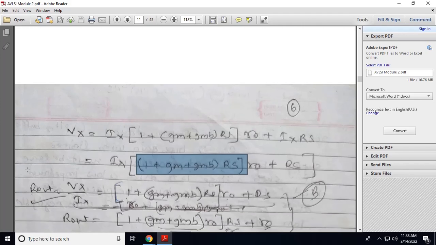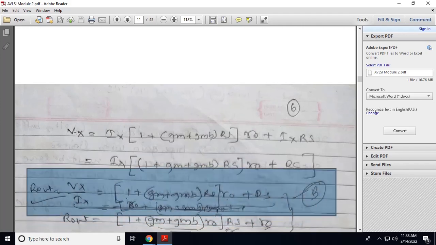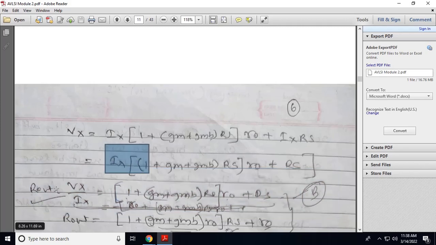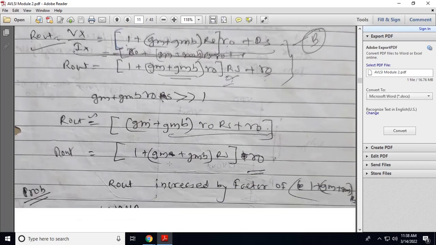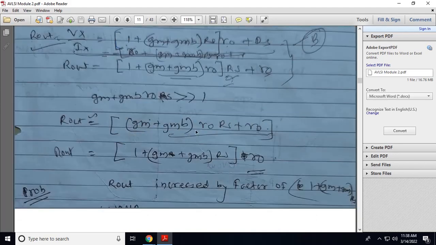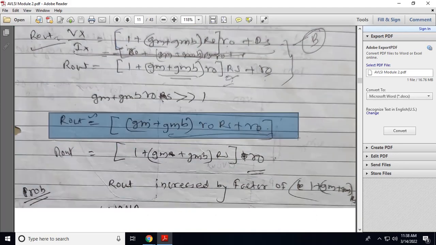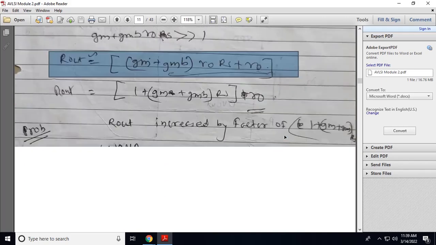So Vx by Ix, that is R out, is equal to (1 plus (Gm plus GMB) Rs) R0 plus Rs. You can further simplify this, and you will get R out is equal to (Gm plus GMB) R0 Rs plus R0. This is the output resistance.